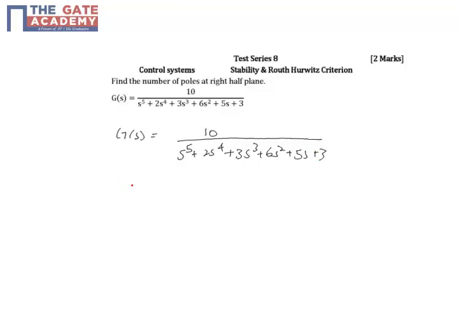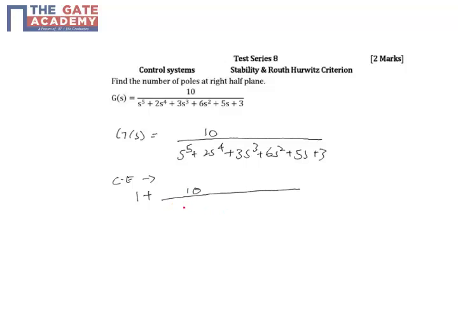Now, to apply Routh-Hurwitz, the first step is to determine the characteristic equation. Since it is a unity feedback system, the characteristic equation is 1 + GH, where H is equal to 1.